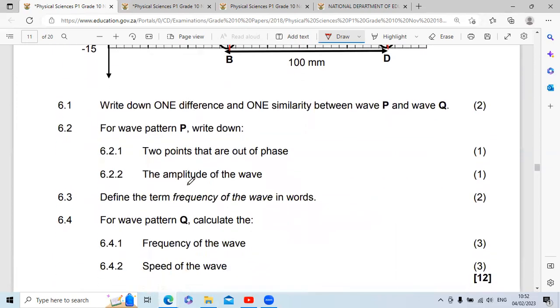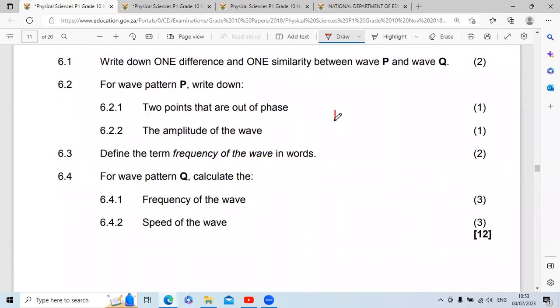So here we have 15. We're going to take that 15 divided by 1,000 to convert it to meters. So we're going to have 0.015 meters.